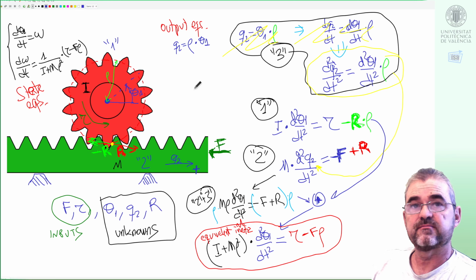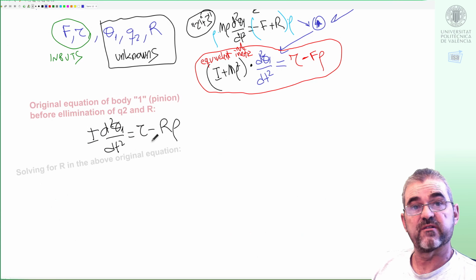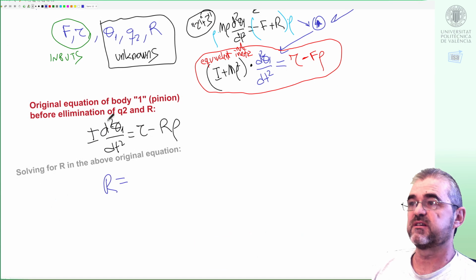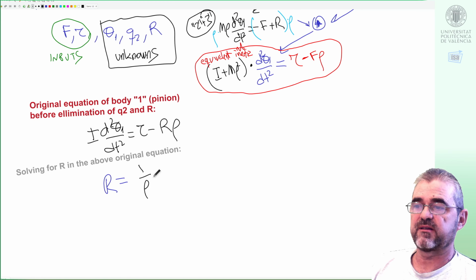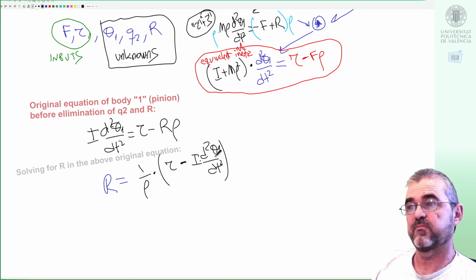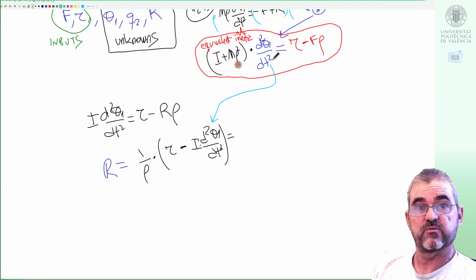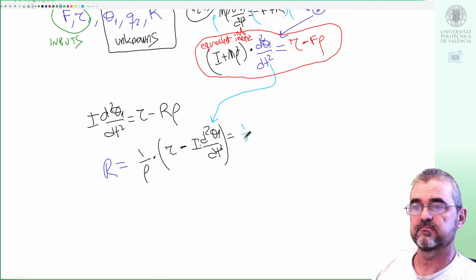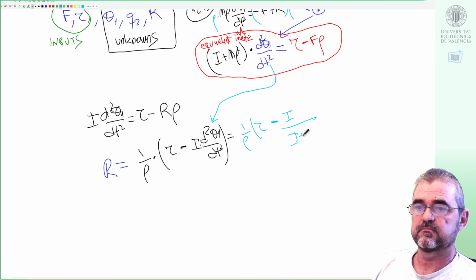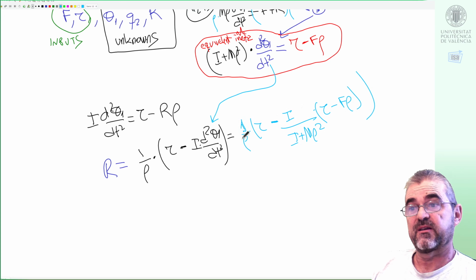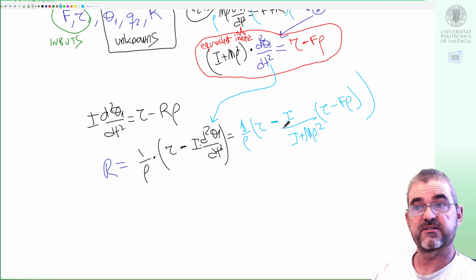If I move down, the original equation with the reaction force was this thing, so basically the reaction force is equal to 1 divided by the radius. But okay, the equation of the angular acceleration in the overall model, I just deduced that it was this one, so this will be the expression of the reaction force as a function of constant parameters and inputs.